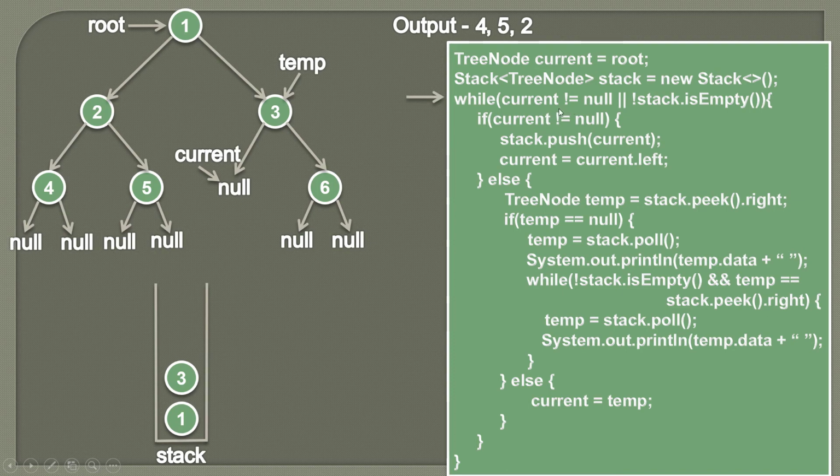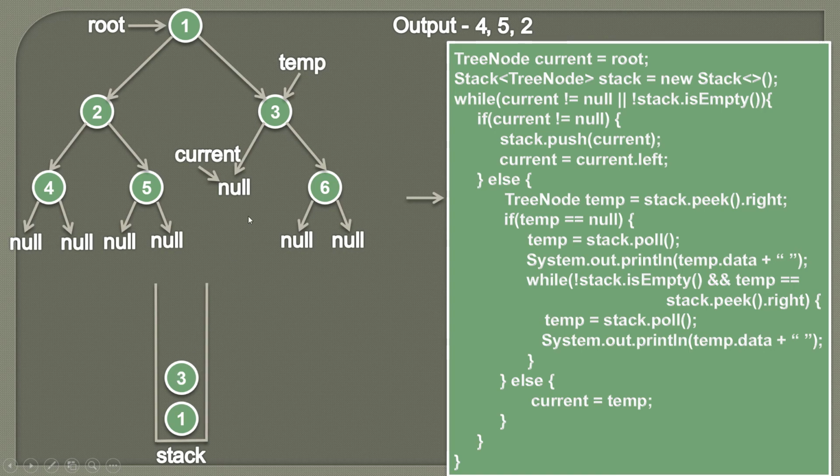So as current is equal to null, but stack is not empty, this overall condition comes out to be true. So we check whether current is equal to null or not. So current is equal to null. So in the else part, we will assign stack's peek right value to temp.